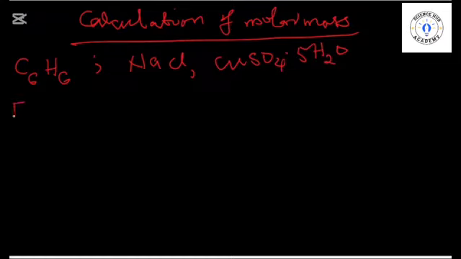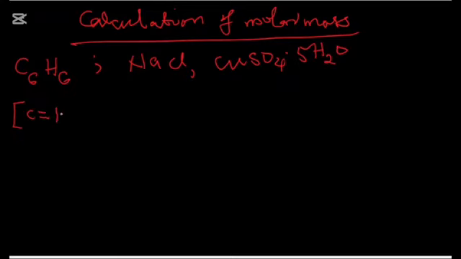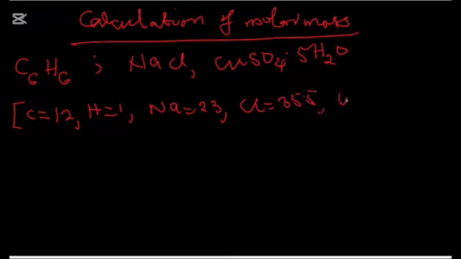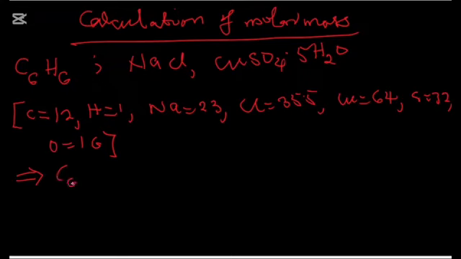I'll be given the atomic masses for carbon, hydrogen, sodium, chlorine, copper, sulfur, hydrogen, and oxygen, 16.